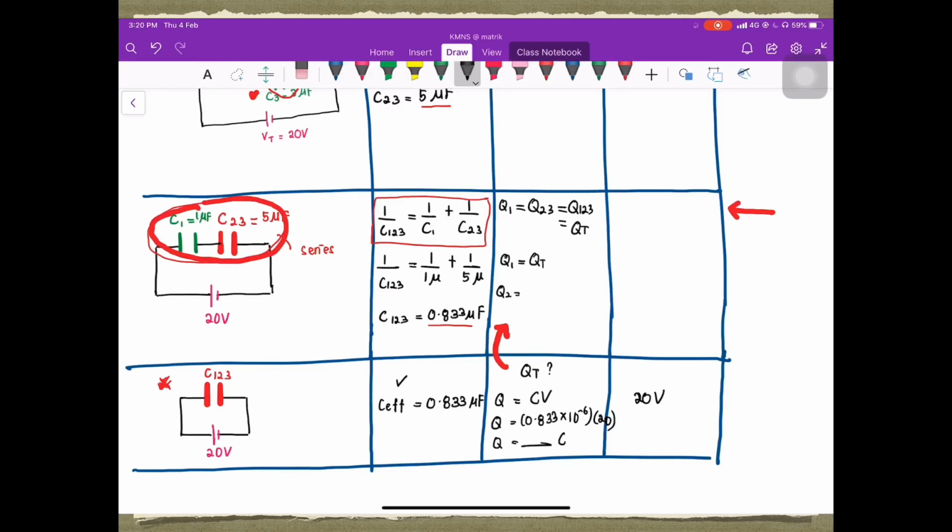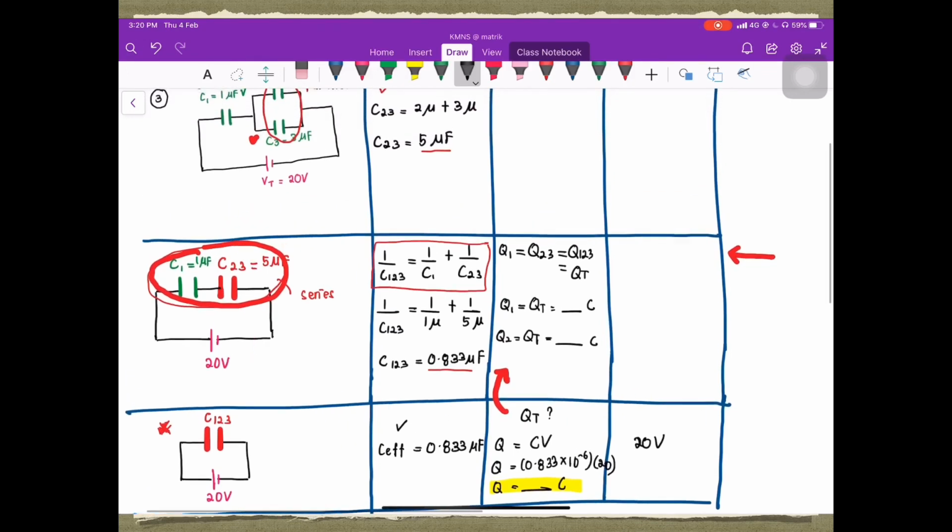Q2 equal to Q total. So where is your Q total? This is your Q total here. Then write it in coulomb. Okay, now we need to fill up to calculate the voltage.